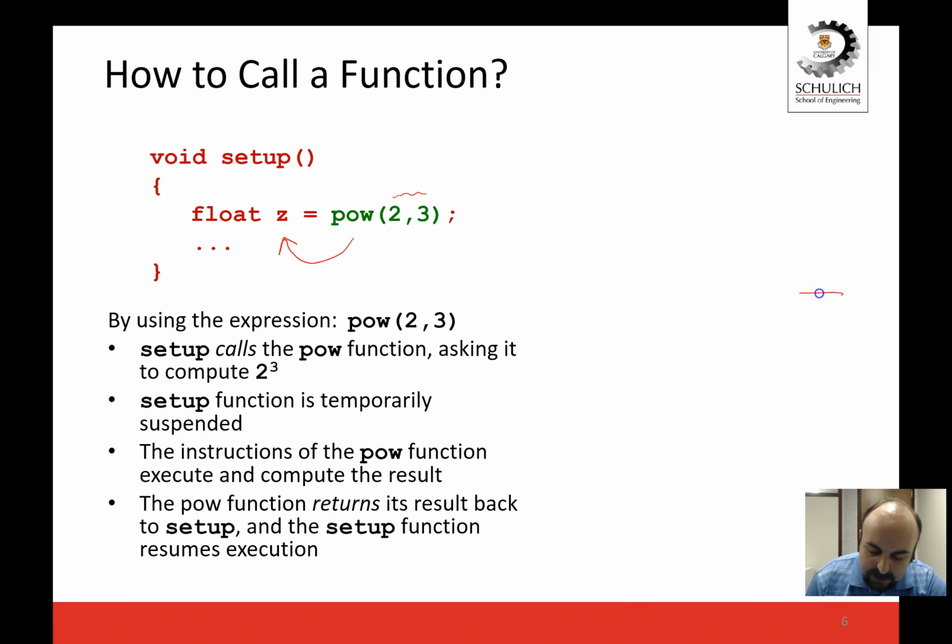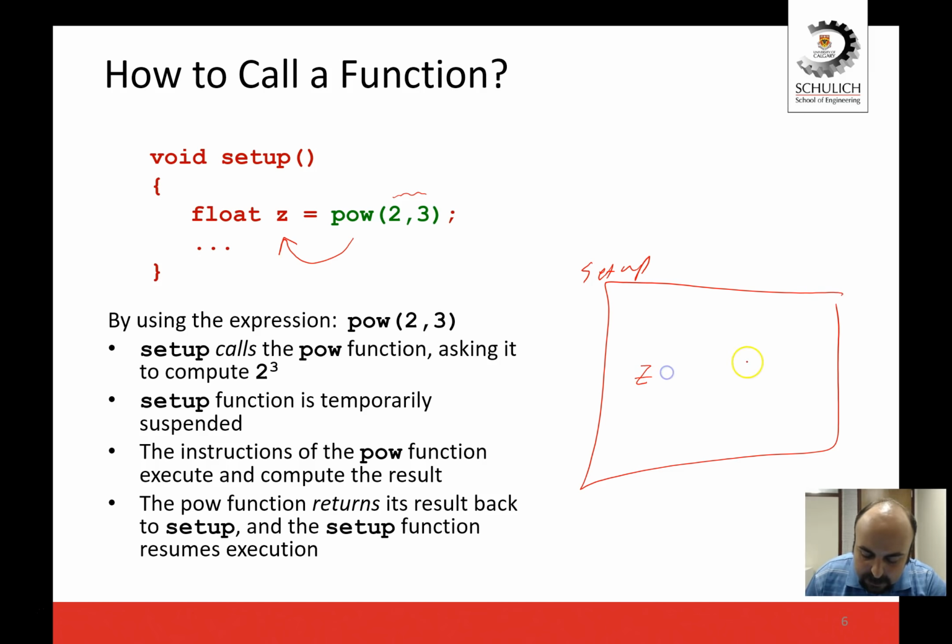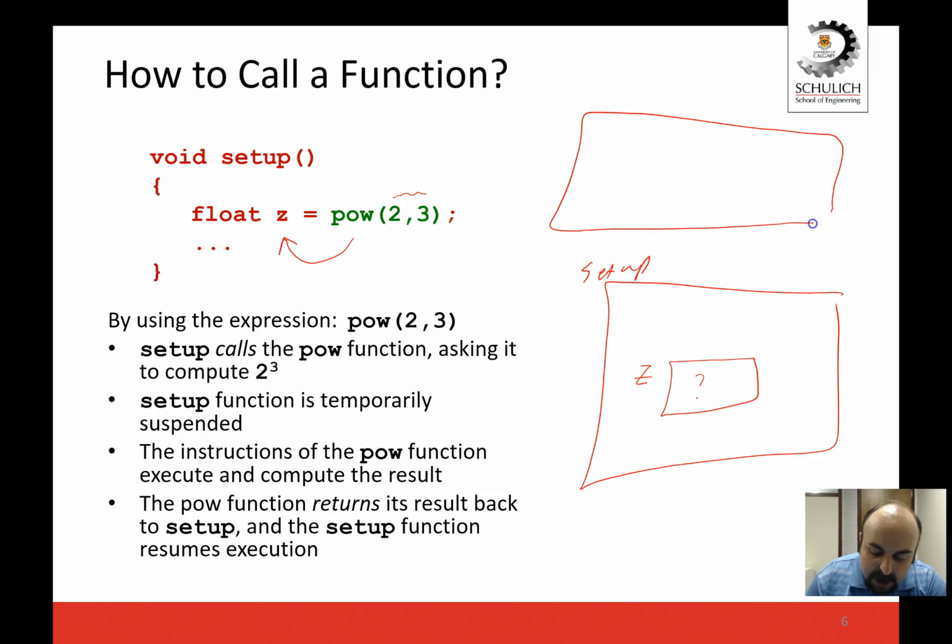So this is setup. It has Z. Z is garbage to begin with. Then we call pow. When you call pow, function pow appears.